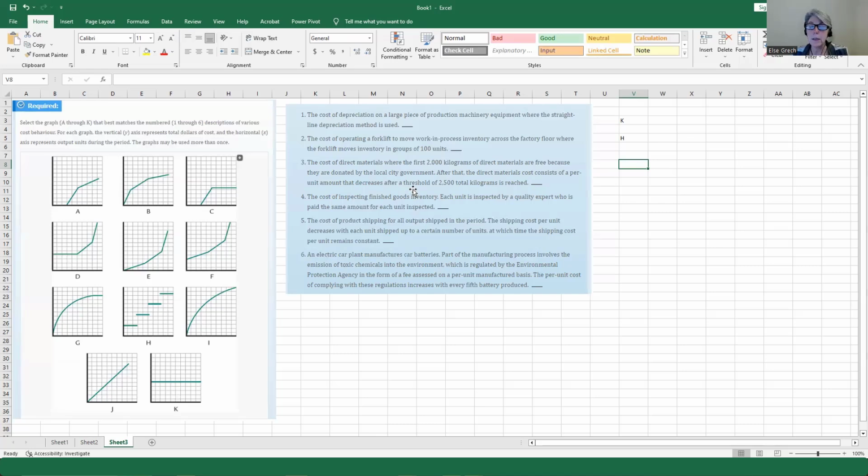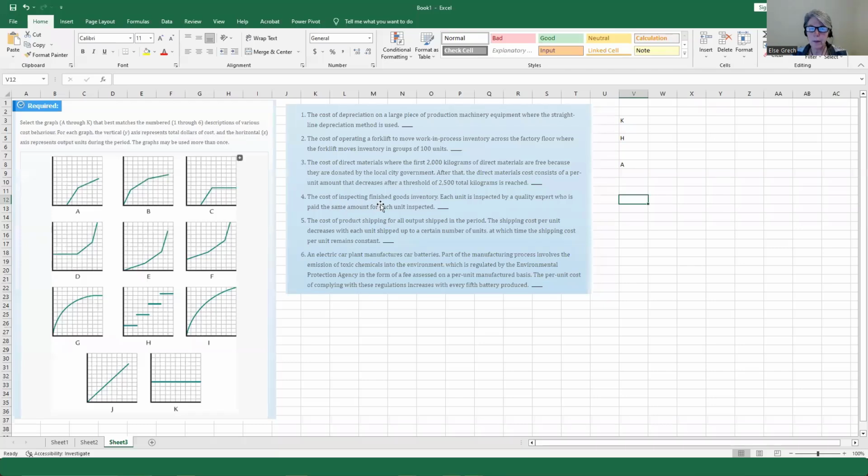So it decreases after a certain threshold. So we see here after 2,500, the cost is going to start decreasing. That means the slope of the line decreases, right? The slope of the line tells us our per unit variable costs. The steeper the line is, the higher the per unit variable costs are. So the only one it can be is A.